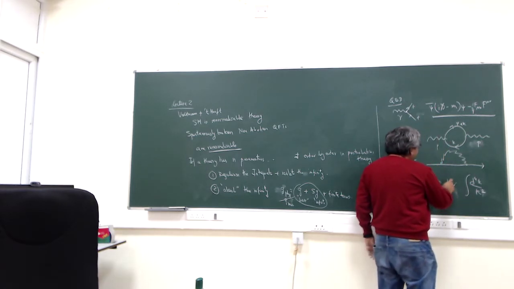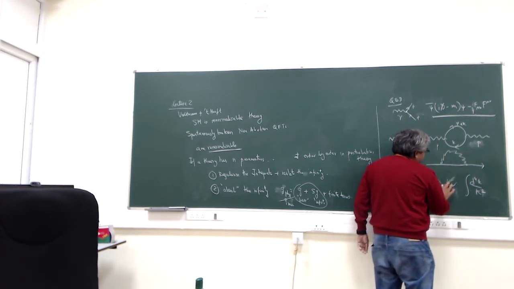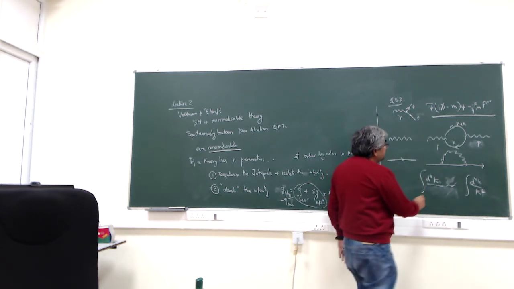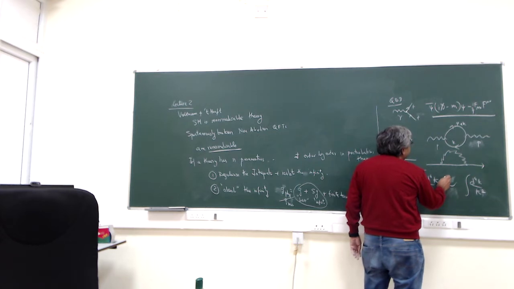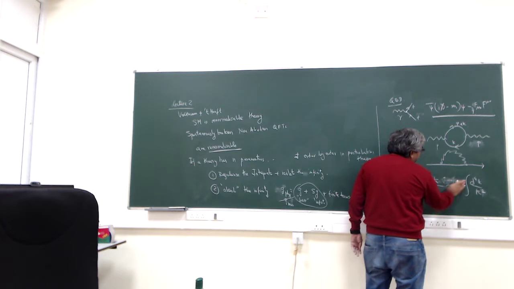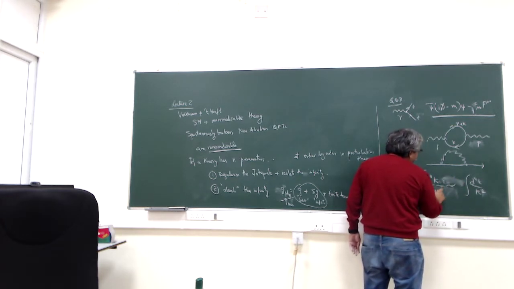See, in the numerator there is also a k squared. Here the numerator is p plus k plus m. You can neglect p and m and everything. So there is a k squared in the numerator. Roughly it goes as this, quadratically divergent.